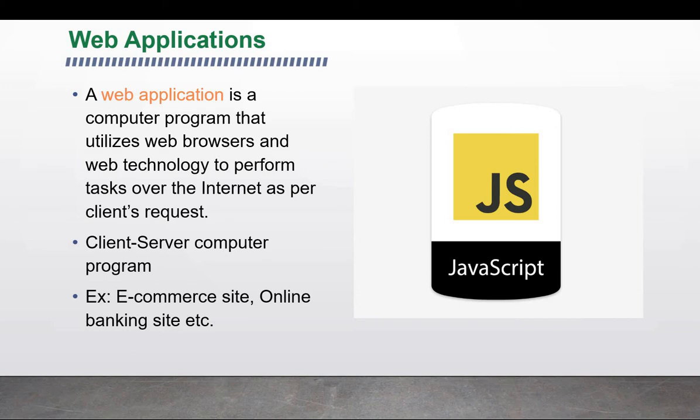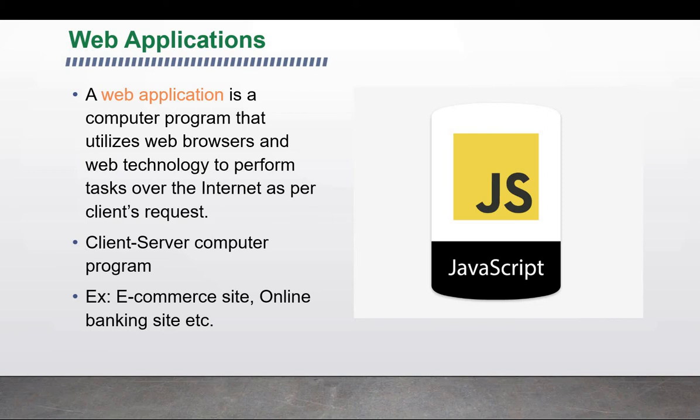A web application is also called client server computer programming, one of the keywords used for the technology behind a web application. What does client server computer programming mean? When a developer builds a website, they need to host that website somewhere, on a server machine.